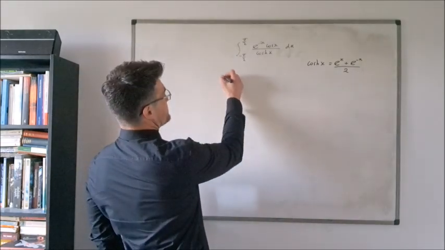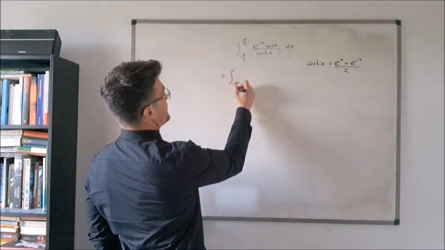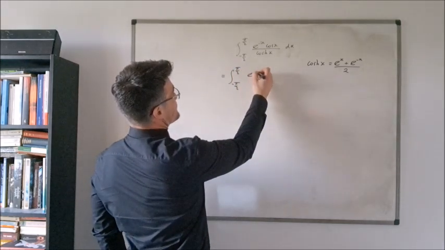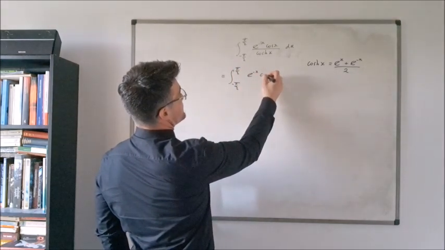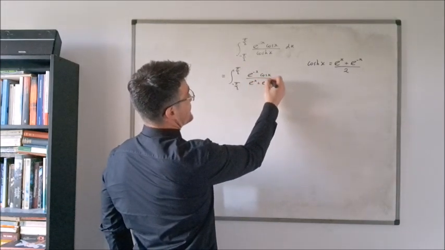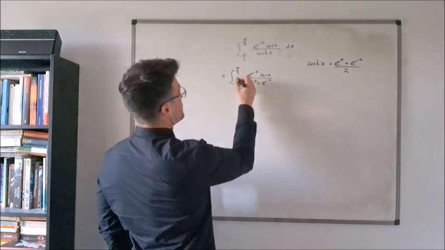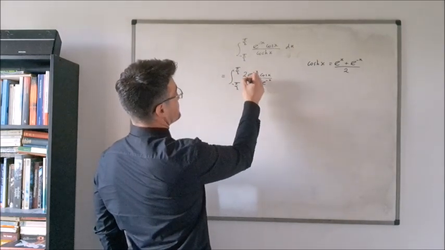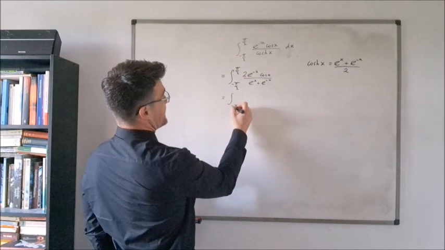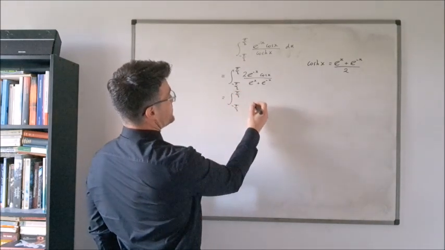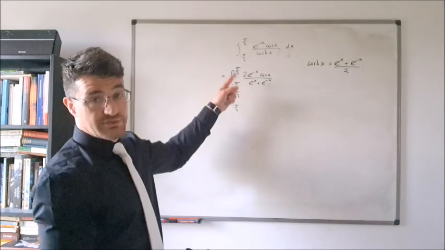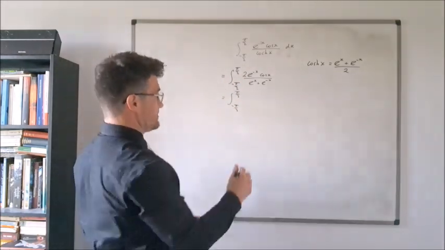Okay, so what did I do? I wrote this as the integral from minus pi by 2 to pi by 2 of e to the minus x cos x over, so it's going to be e to the x plus e to the minus x all over 2, which I'm just going to write up here to save a bit of time. So it's the integral from minus pi by 2 to pi by 2 of, and then I'm going to multiply numerator and denominator by e to the x.